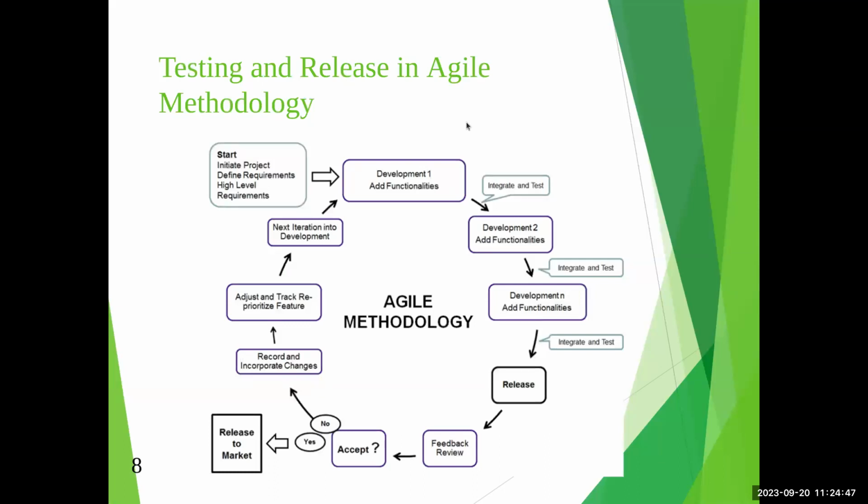Now, this is called the agile method. This is related to the software development life cycle. Earlier, the software development life cycle was the waterfall method. Waterfall method: first analyze, design, develop, and deployment.